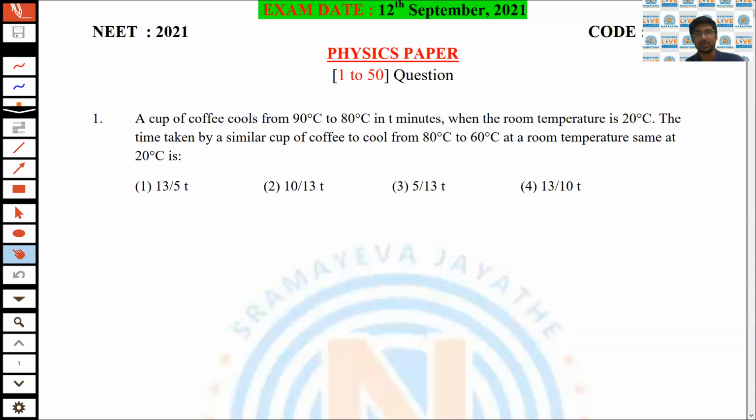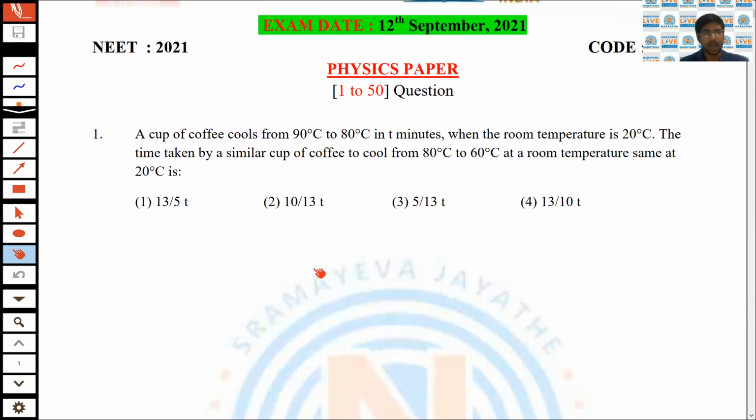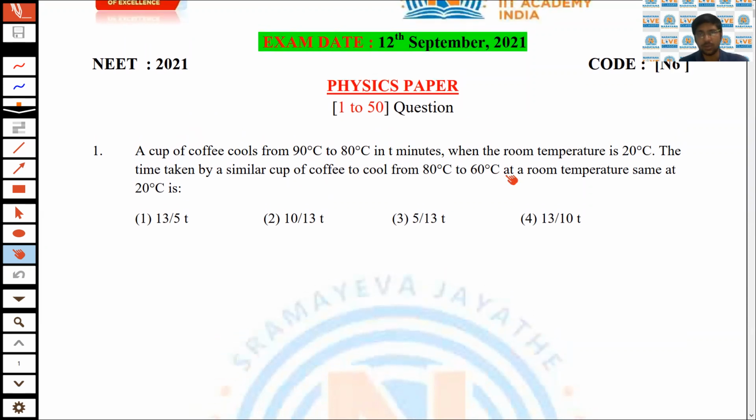In this paper there are overall 50 questions, and we are going to discuss them part by part. In the first question, a cup of coffee cools from 90 degrees centigrade to 80 degrees centigrade in T minutes when the room temperature is 20 degrees centigrade.